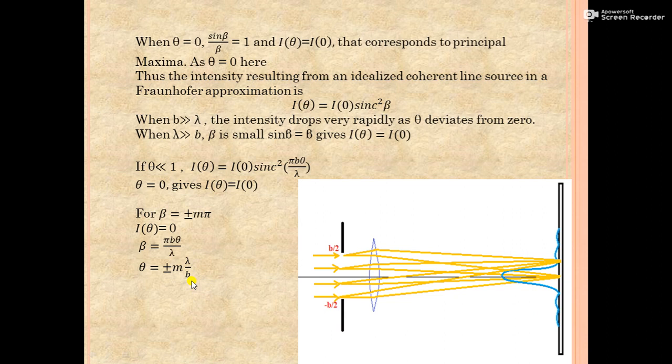If b is small, then the width is larger, and if b is larger, then the width will be smaller. So the dimension b gives the diffraction pattern, and we can say that the smaller the value of b, the larger the width of the maxima.